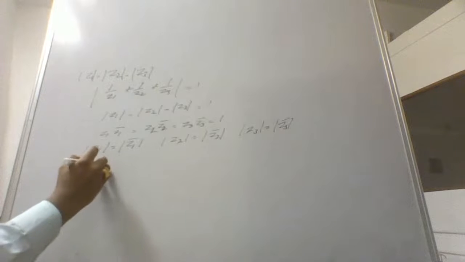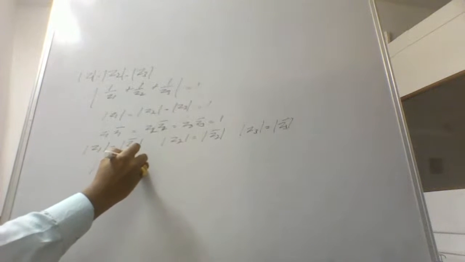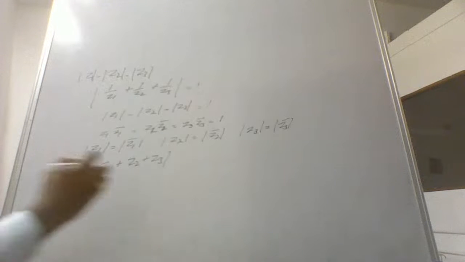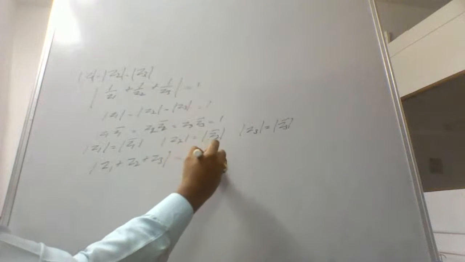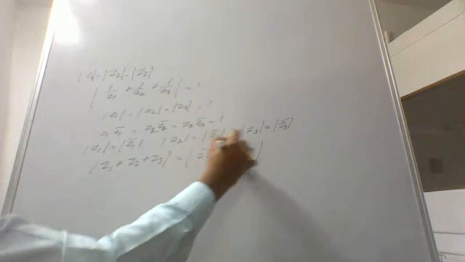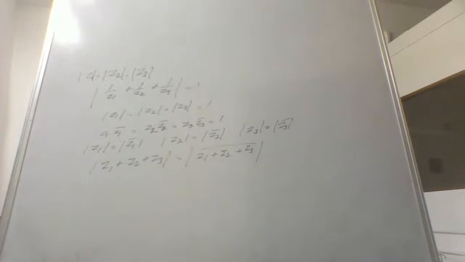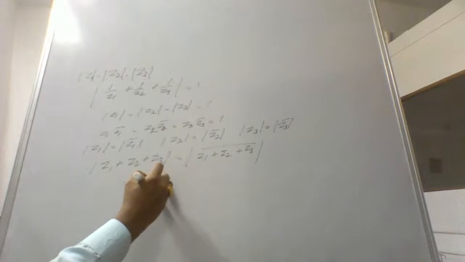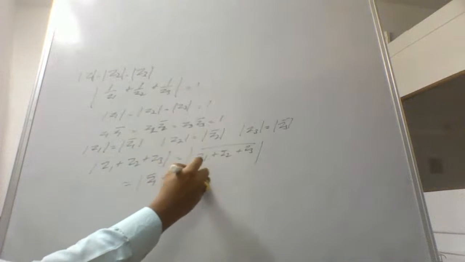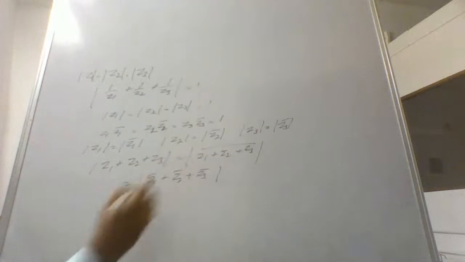Okay, so the mod of (z1 plus z2 plus z3) is equal to the mod of its bar, which is mod of (z1 bar plus z2 bar plus z3 bar).